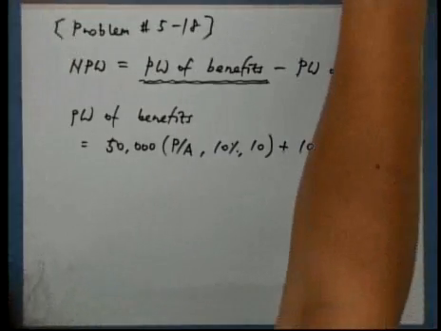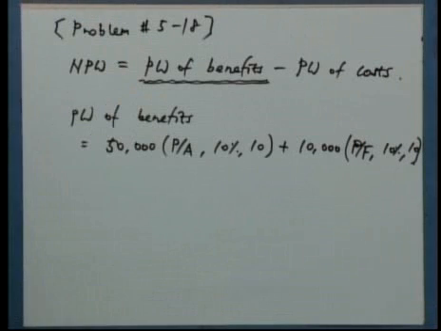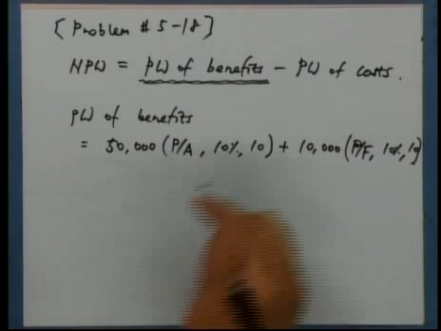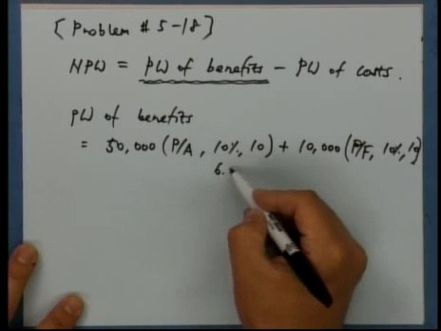So let's get these table values. 10%. So we need to look for page 613 of our text. P given A over 10 periods, 6.145.